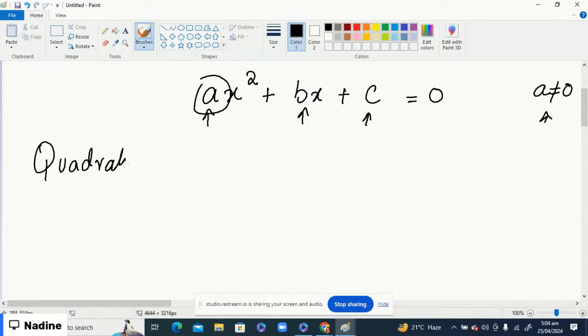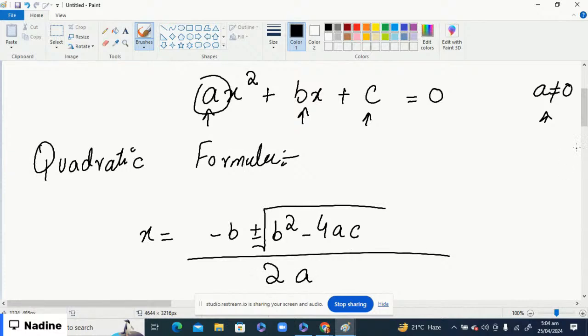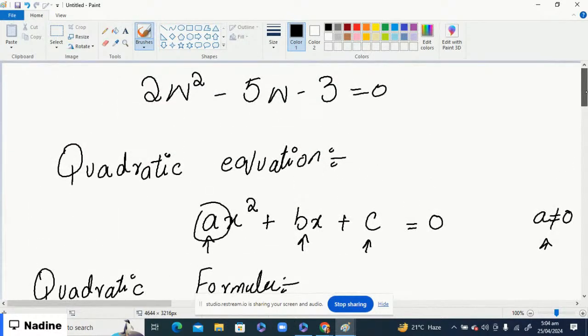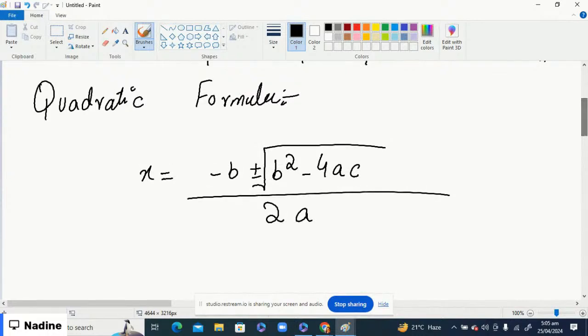The quadratic formula is x equals minus b plus minus the square root of b square minus 4ac, over 2a. This is your quadratic formula. Got it? Look here.